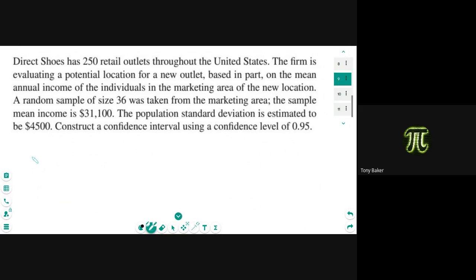There's like too many numbers. There's only one extra number.